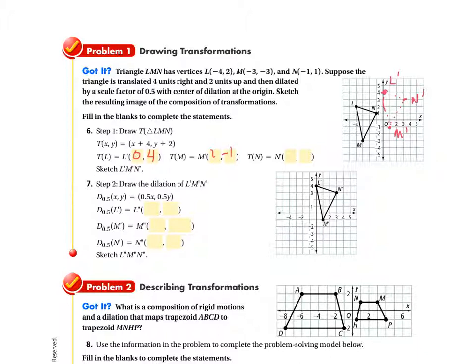And N prime? 3, 3. So now from there, once you know your ordered pairs, it's easy to apply your scale factor. Since our scale factor is 0.5, don't we just divide each of these by 2? And don't let it bother you that we're plotting fractions.